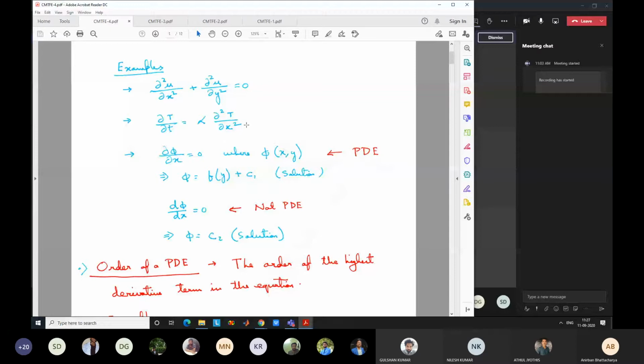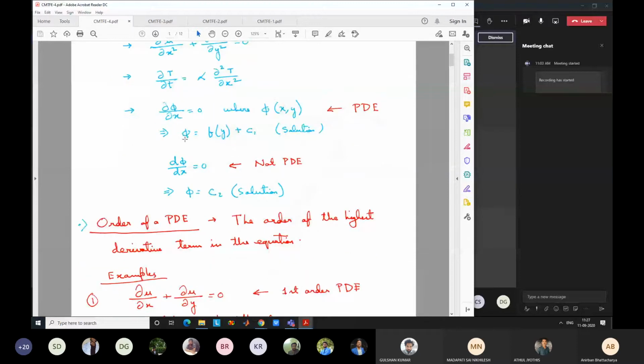Typically this comes from the diffusion term: either the viscous term in the Navier-Stokes equation, the conduction term in the energy equation, or the species diffusion term in the species conservation equation. So at least one second order diffusion term is typically there. Sometimes we can simplify to a first order equation in some cases. So the order of the PDE is very important and relevant for us.